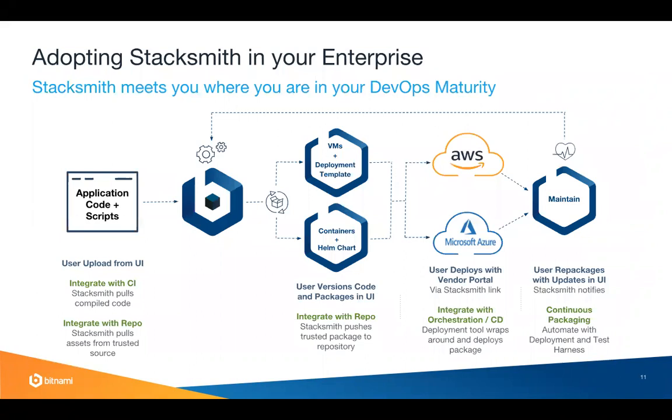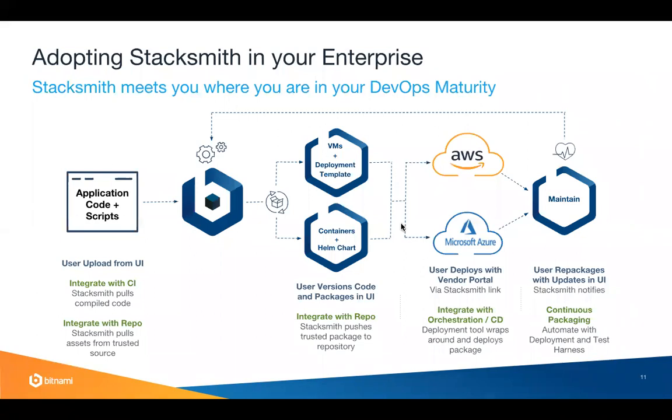If you already are very sophisticated with continuous integration tooling, artifact repositories, continuous deployment, and orchestration tooling, Stacksmith can also meet you where you are there, integrating with upstream and downstream tools to provide a comprehensive and automated end-to-end process. It also means you can integrate Stacksmith as you add those features, tooling, and capabilities to your pipeline.